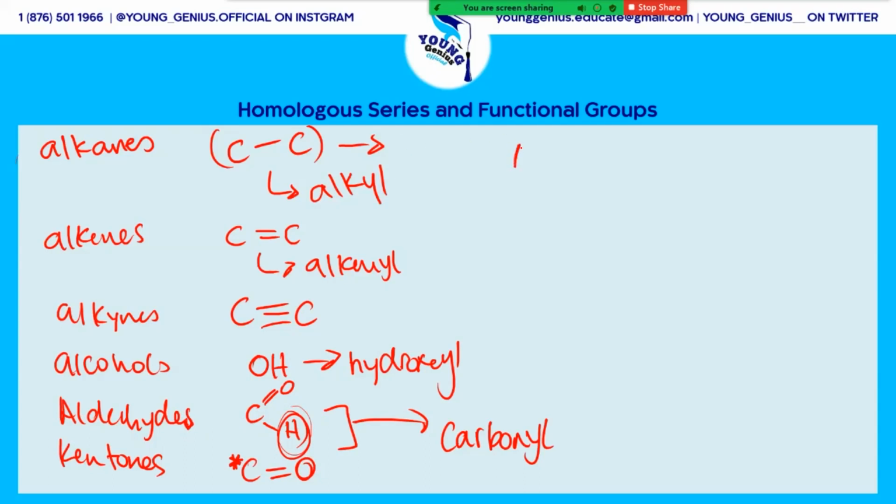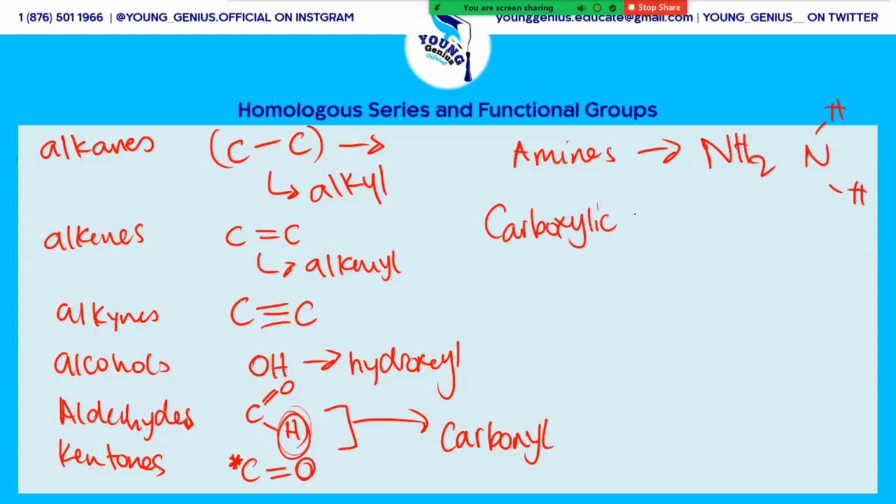You also have amines, which have the NH2 group, usually drawn out like this. And you have, I think I forgot carboxylic acid, yeah.